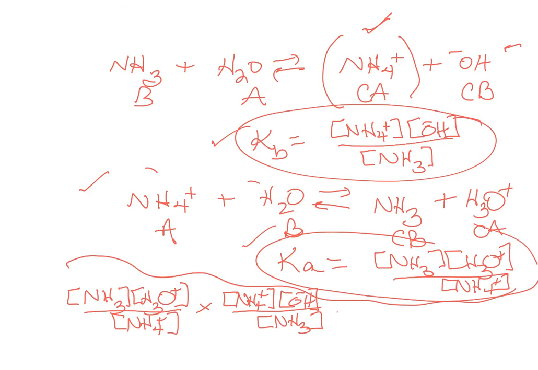Does anything cancel out when I multiply this? Look what's the same. The NH3s can cancel out and the NH4s can cancel out. And all we're left with when we multiply Ka times Kb is hydronium ion concentration times hydroxide concentration. Does that look familiar to you? Does anybody remember what we called that? That is called Kw.